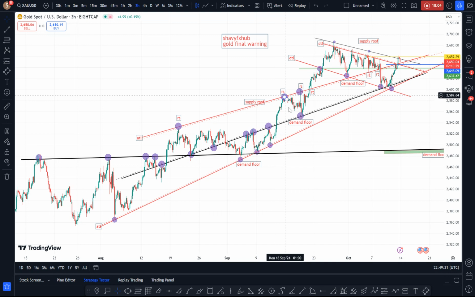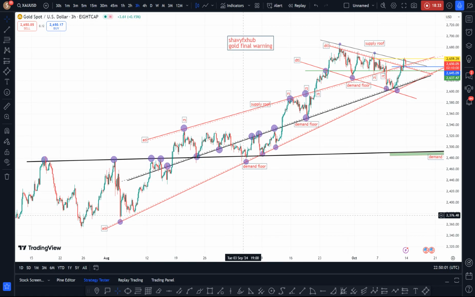It is expected that price should return to the demand floor. So what does this mean? Because the impulse is a supply impulse, even on a lower time frame, keep a supply mindset. So what it means is you wait for demand on a lower time frame. Then when price gets to the supply, you execute in line with the higher time frame analysis, with a higher time frame bias. So that is the strategy.